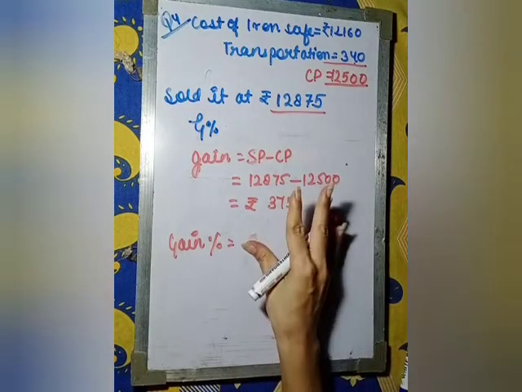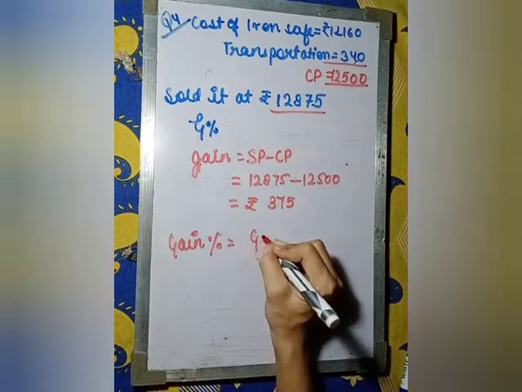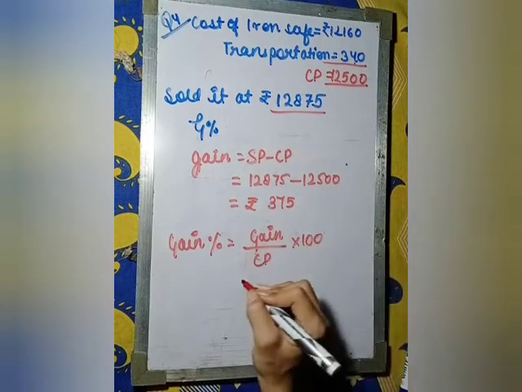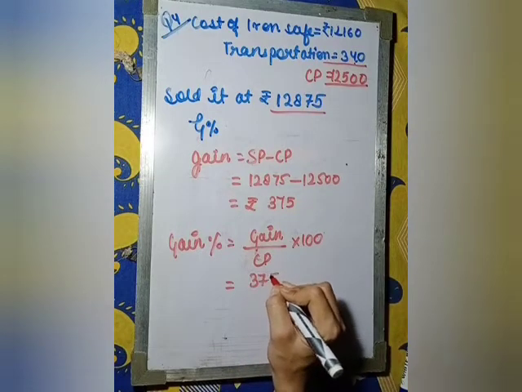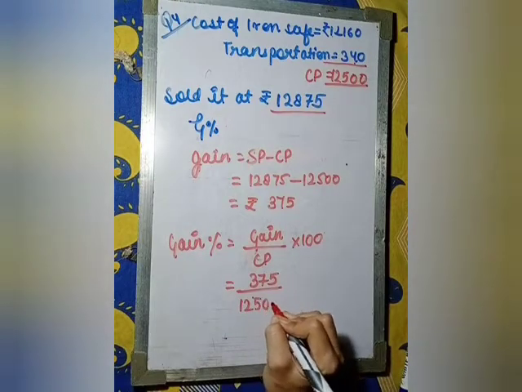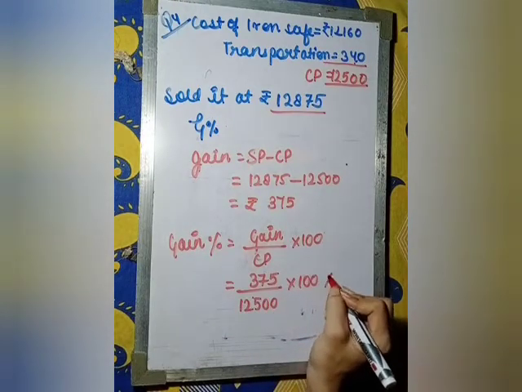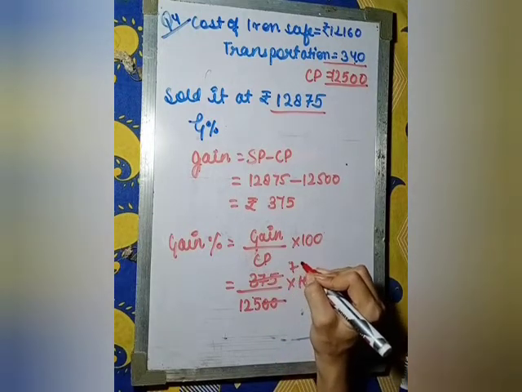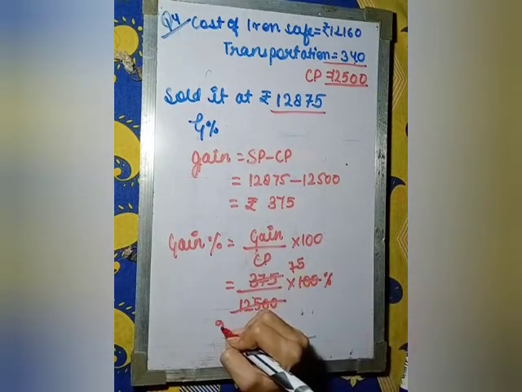And we have to find the gain percent. What is the formula for gain percent? It is gain upon CP into 100. Now gain is this many rupees. How much is CP? 12500 into 100%. 5 7s are 35, 5 5s are 25, 5 2s are 10, 5.